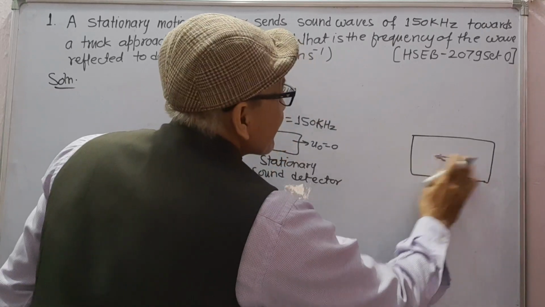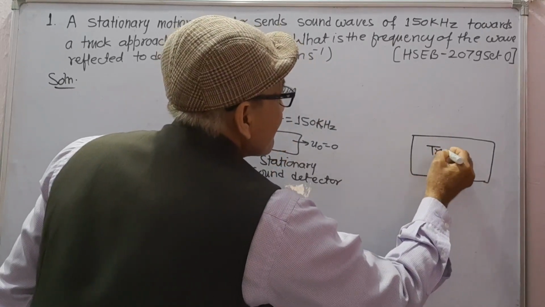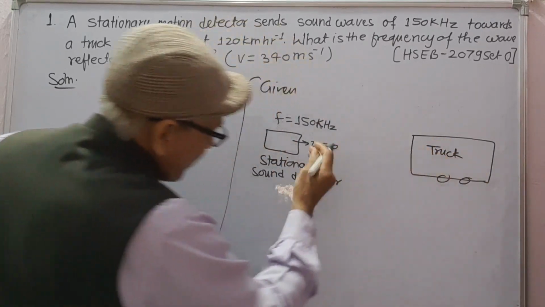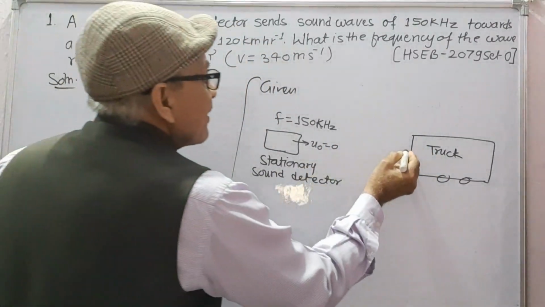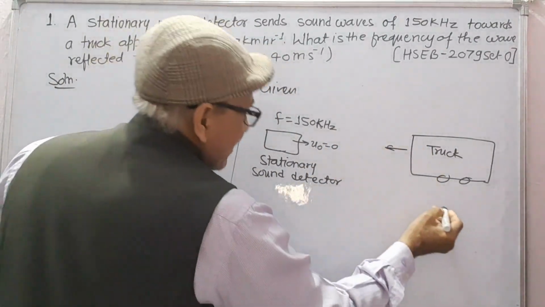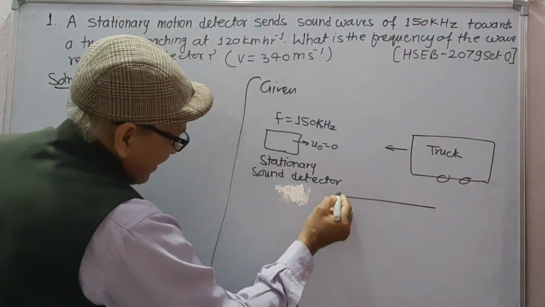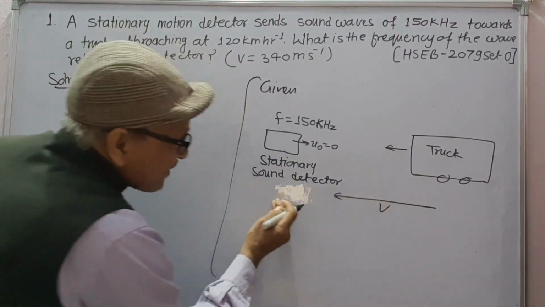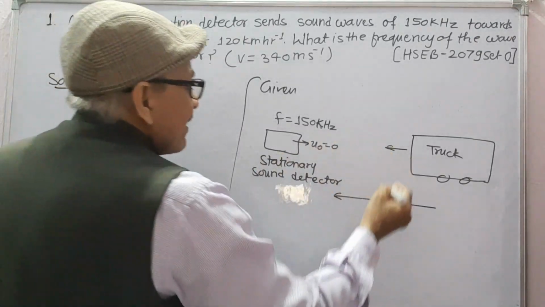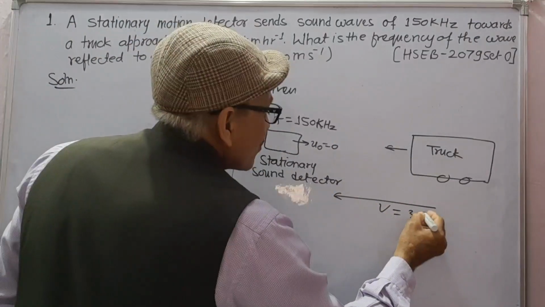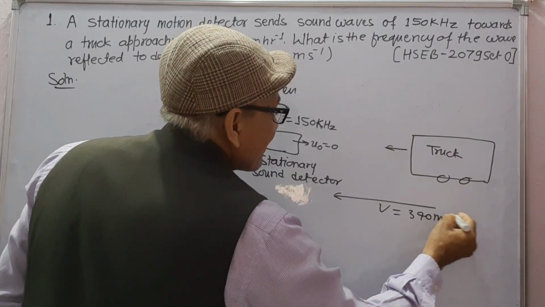This is the truck coming towards the detector. Because sound coming towards the detector will be along this side, this will be the positive direction. v is 340 meter per second, velocity of sound.